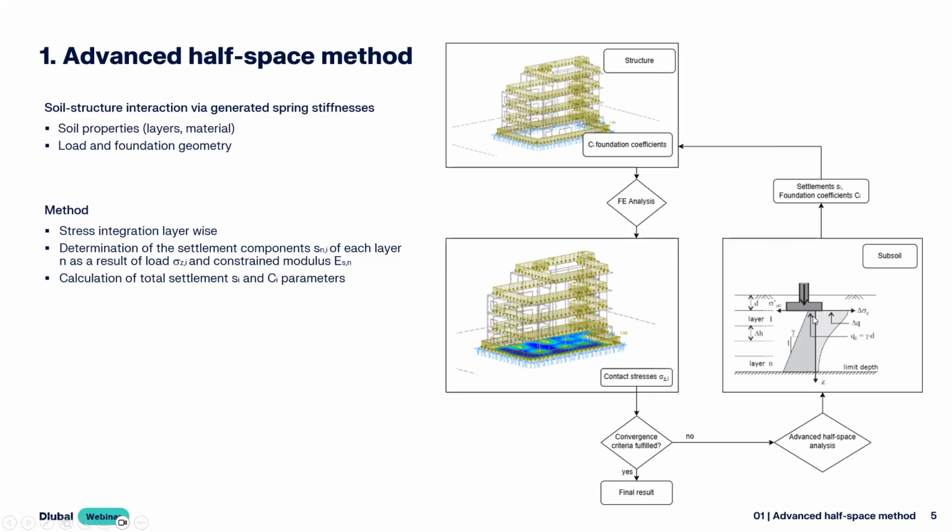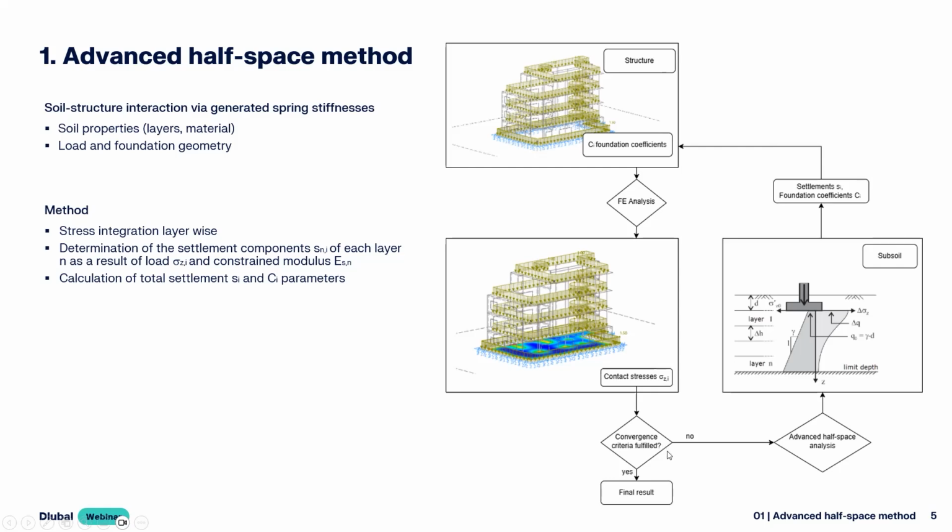At first settlements layer-wise, then the total settlement of all layers together, and then the foundation coefficients are calculated. Then these foundation coefficients go to the model, and our surface supports and line supports are updated. And then the next finite element analysis is started, and we have new contact stresses as the stiffnesses were a bit different. And then the convergence criteria is checked.